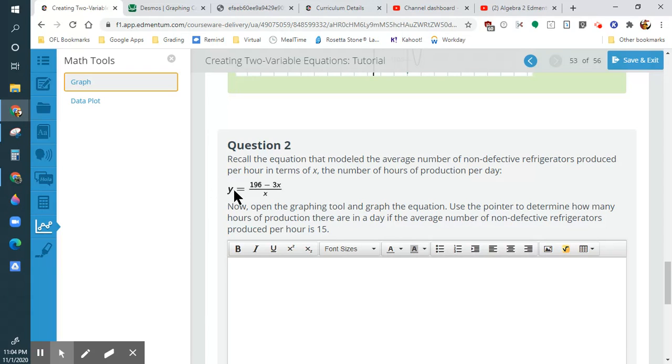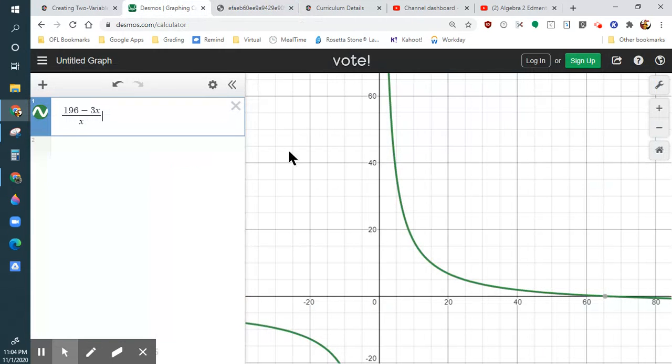So y equals 15. I'm assuming that's what it means. So if we go to y equals 15, we're going to get about 10. Looks like 11. 11 or 10. We get a decimal, it looks like.